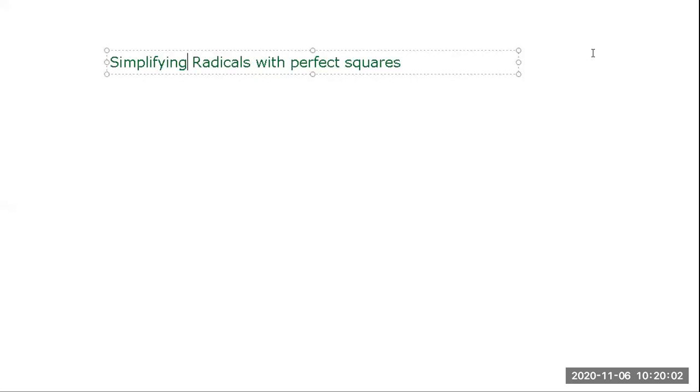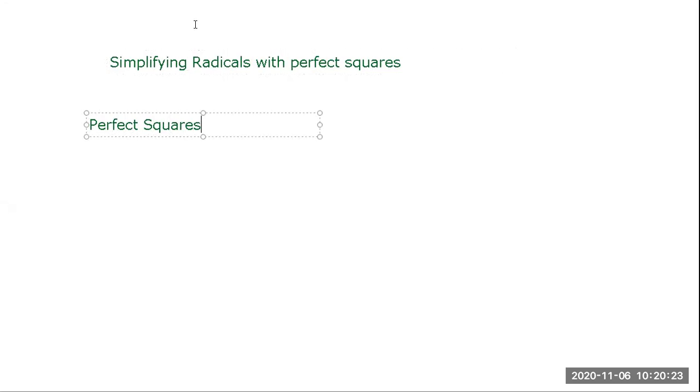One of the first things we're going to look at is identifying perfect squares. We've already talked about what perfect squares are, but I want to go through again and talk a little bit more about it. A perfect square is whenever we find a square root of a number and you don't get a decimal.